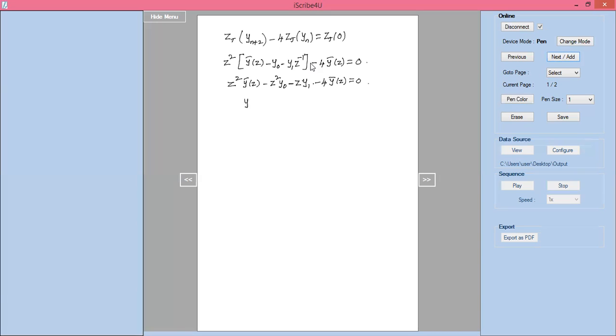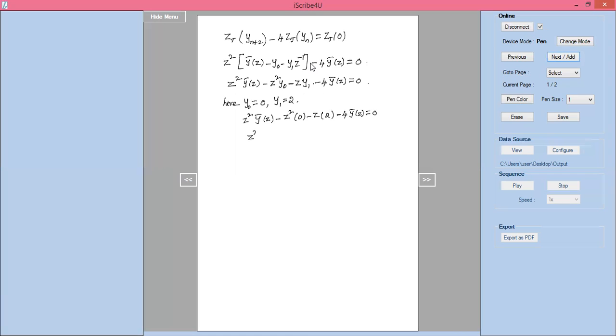Now y naught equals 0, y1 equals 2. So Z square into y bar of Z minus Z square into 0 minus Z into y1, where y1 is 2, minus 4 into y bar of Z equals 0.